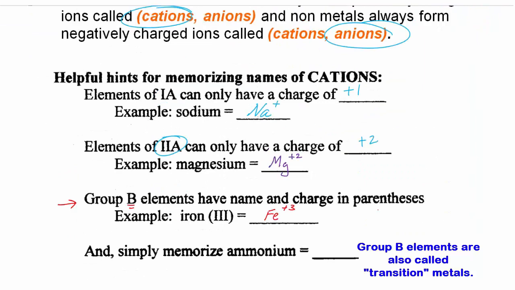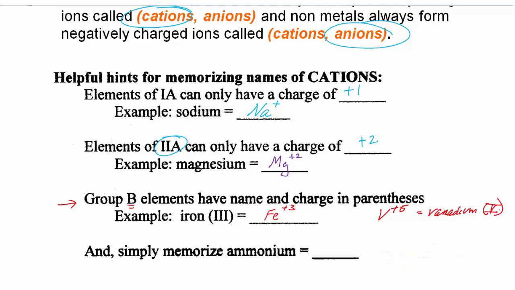For example, V(V), that would be vanadium, Roman numeral 5. There's only one cation left, ammonium. We just have to know it.